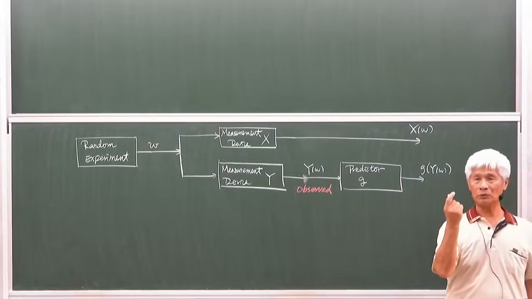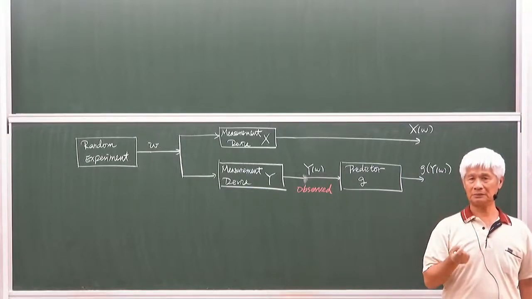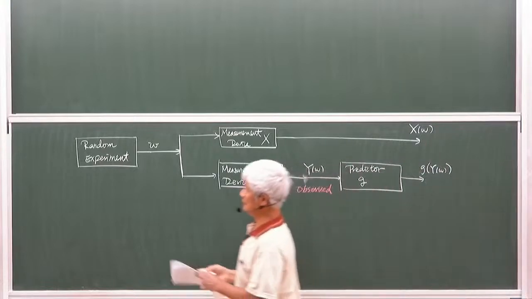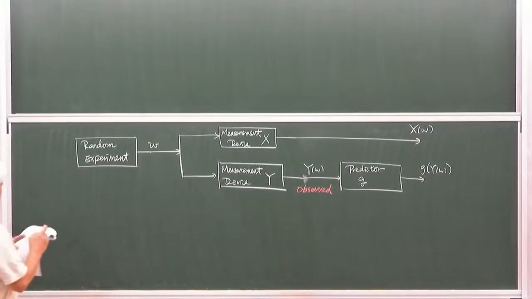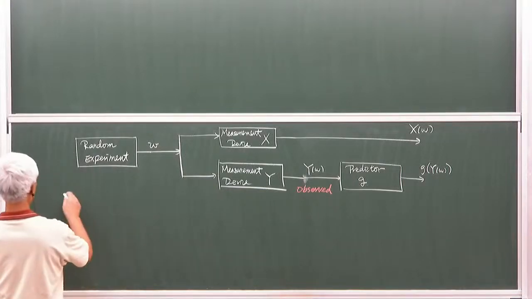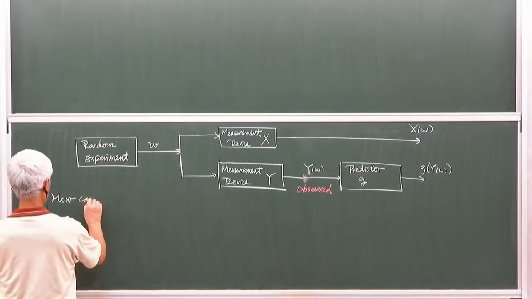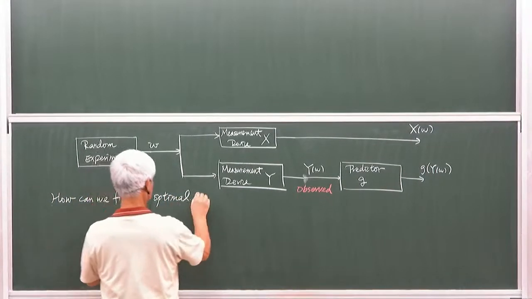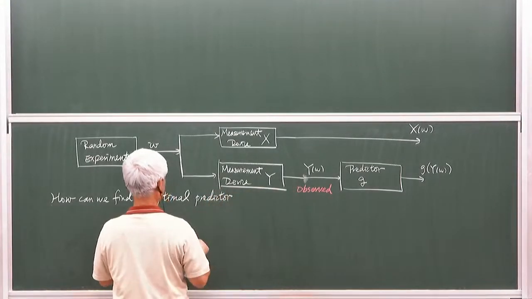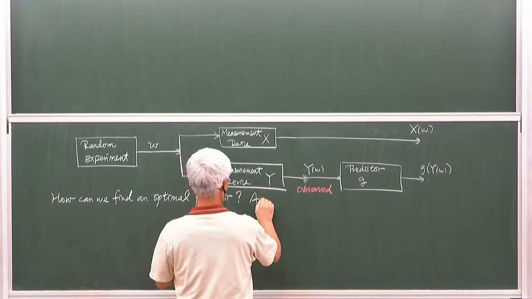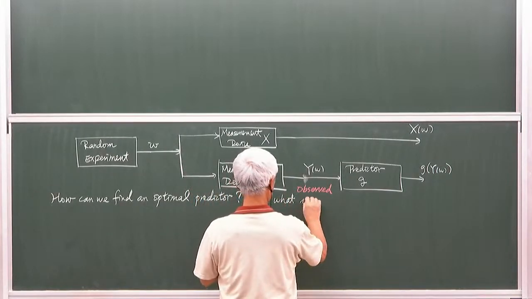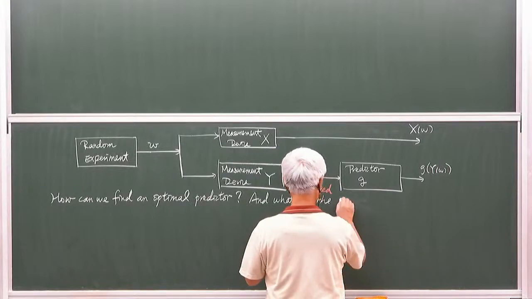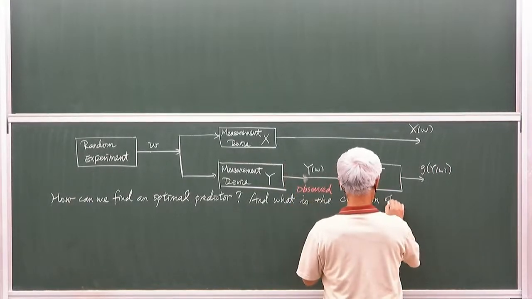So we need a measure. How close is it? We need a measure for that. So how can we find an optimal predictor, and what is the criterion of optimality?